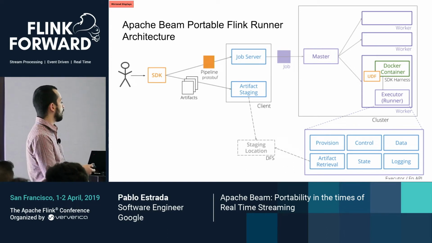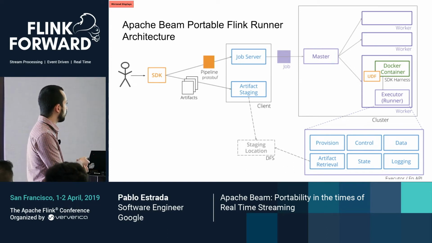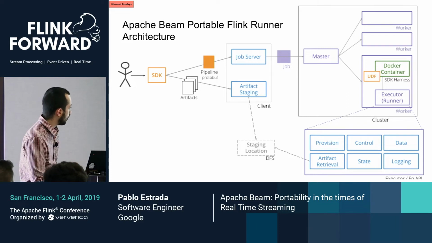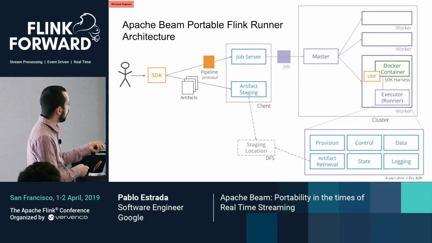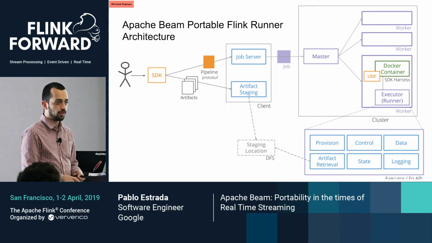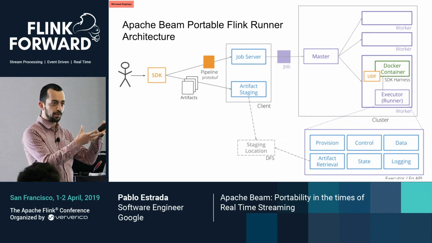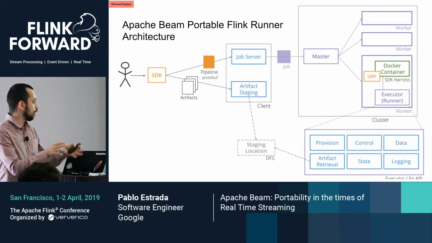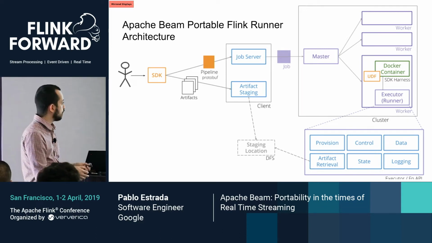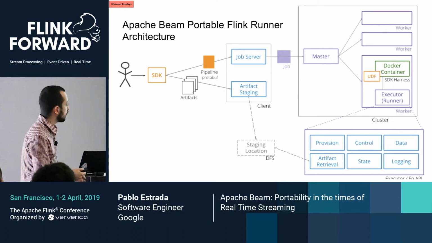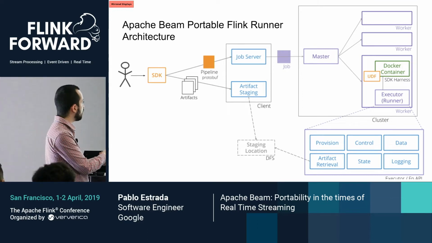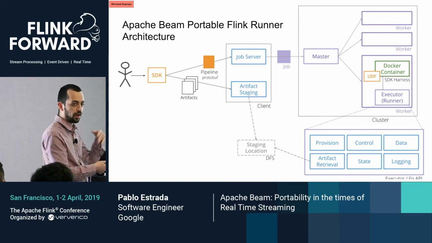Something else that you have to do is stand up a job server and an artifact staging service. This job server is what actually knows how to take a Beam pipeline, which is in protobufs, an interchangeable format, and convert that into a Flink pipeline, and then submit that Flink pipeline to the actual Flink cluster.